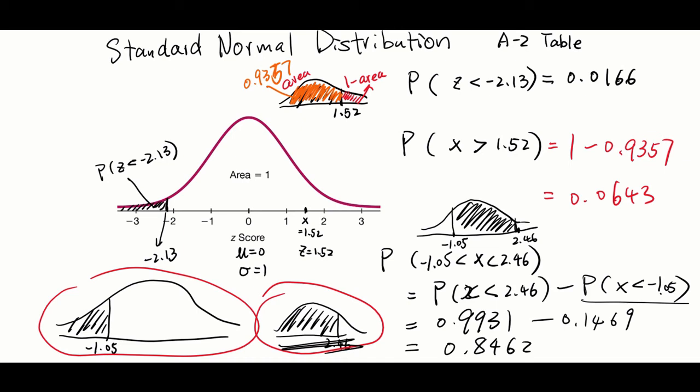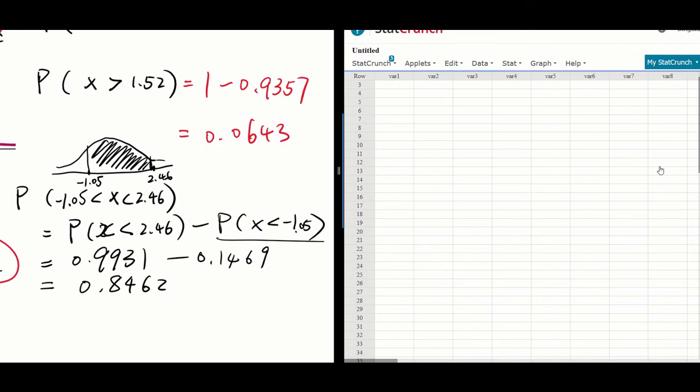Okay, so this is how you find the probability of a certain interval using a z-score table. You can use other technologies, like TI-84, TI-83, Statcrunch. Here I will show how to find those probabilities using Statcrunch. On the right side of the screen is the Statcrunch.